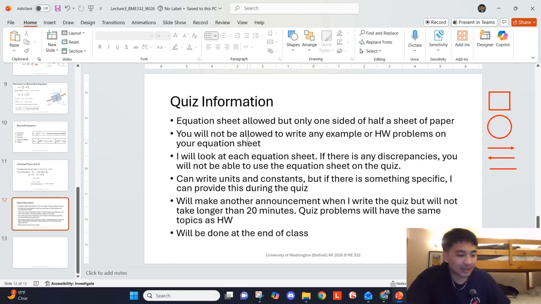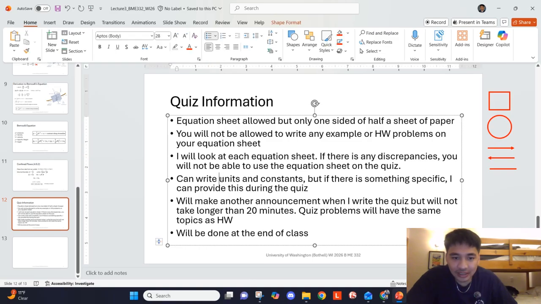Some people have been asking if they can put units, or a little note about a variable. That's also okay, but just no actual full written out problems. I'm going to look at each equation sheet before we start the test. We already talked about units and constants; you can put those. I'll make another announcement, hopefully no longer than 20 minutes, at the end of class, after our lecture.